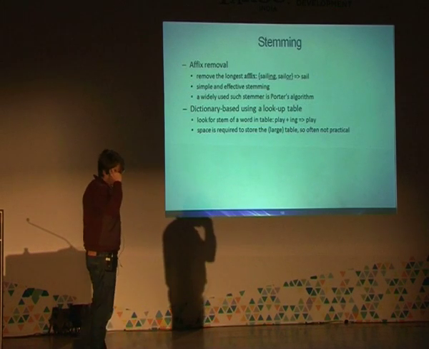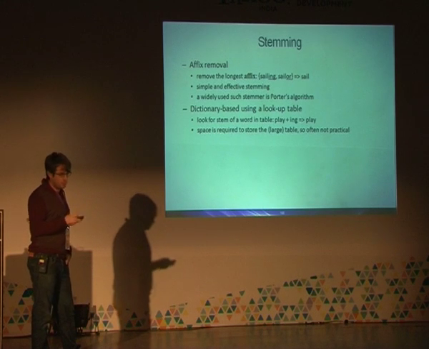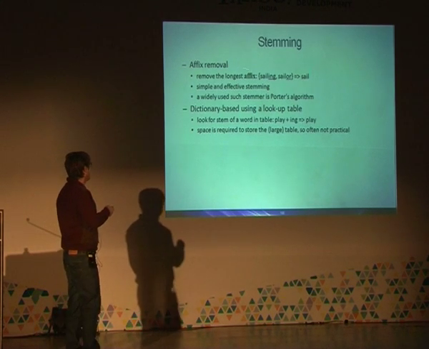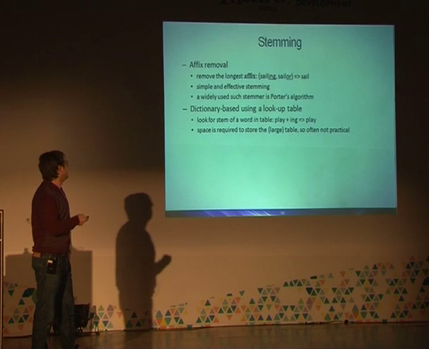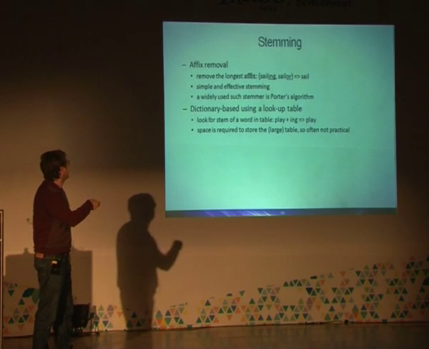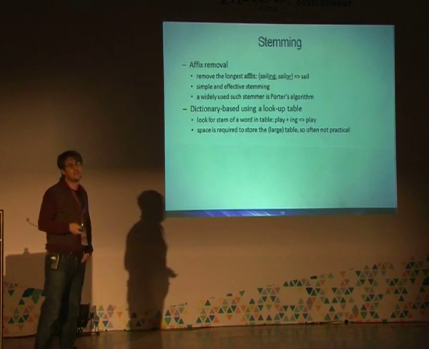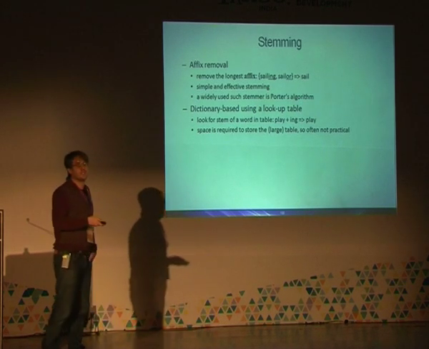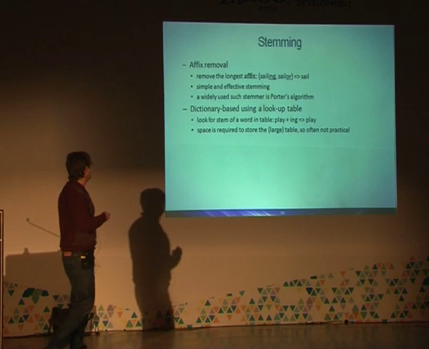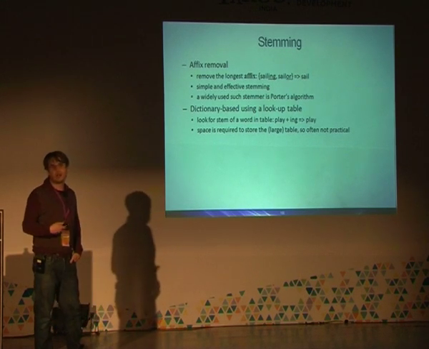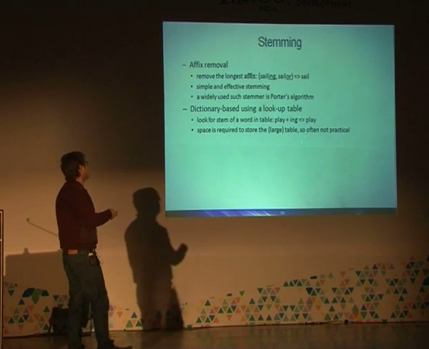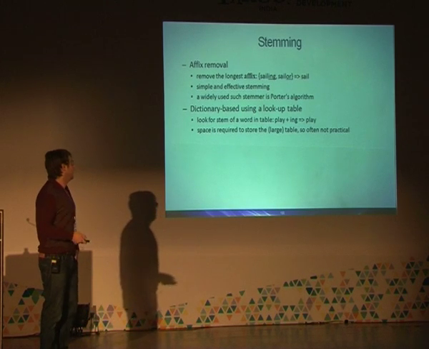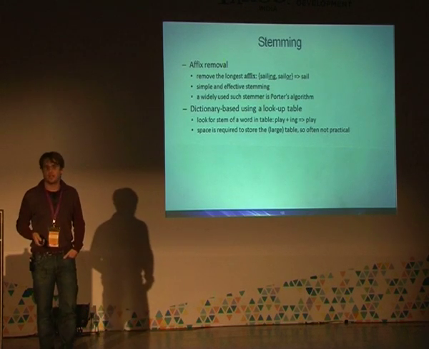There are various ways of doing stemming, but the most efficient one is just removing the affix, right? So the last part of the word. One very popular algorithm is Porter's algorithm. There are also things that use lookup tables with handcrafted rules, like play plus ing goes to play, but the table can be huge, and again, you want to be fast.